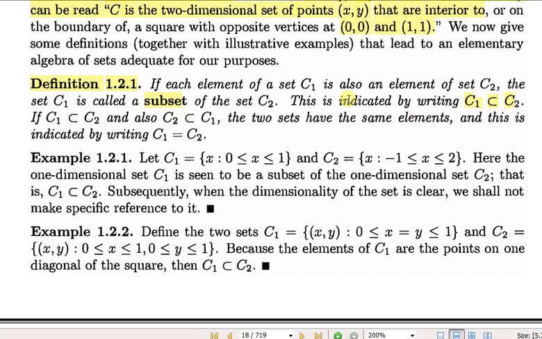I repeat again, subset of two sets if each element of a set C1 is also an element of set C2.